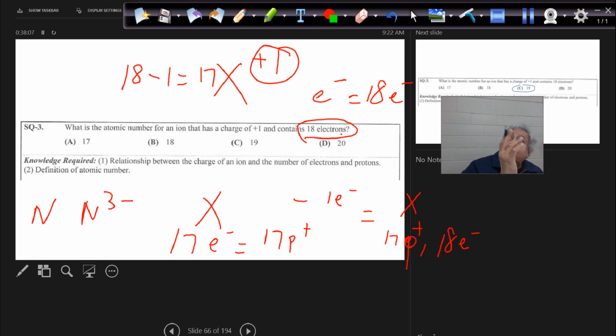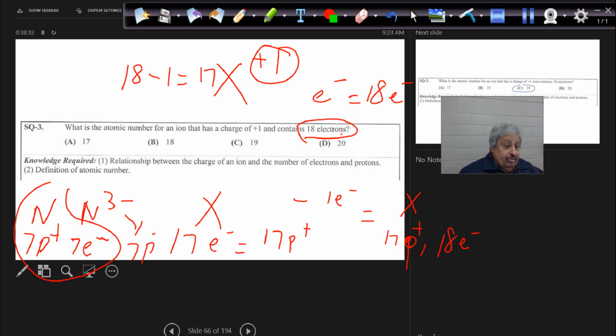It's the atomic number, 7. So 7 protons, and 7 electrons. Now, N3 minus will have 7 protons, and how many electrons? 10 electrons.